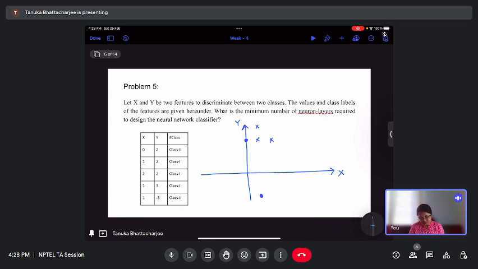These 2 points, 0, 2 here and 1, minus 3 here, belong to one class, and 1, 2, 1, 3 and 2, 2 belong to the other class. So you can easily see that you can draw a straight line in between them and they are linearly separable. If they are linearly separable, you can easily have a single layer neural network to classify these. So for this particular training data, only a single neuron layer is required to design the neural network classifier.